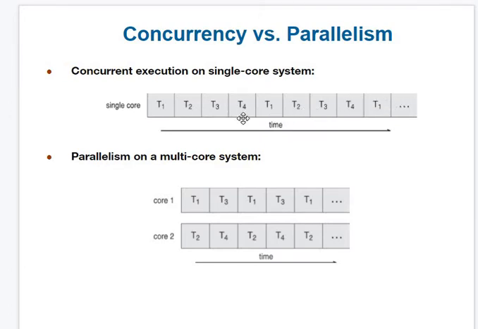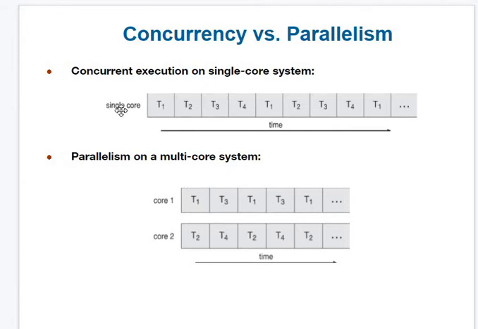That means there is only one channel, one entry door and exit door, and you have to follow that way. If there are multiple cores, we can give tasks 1 and 3 to one core and 2 and 4 to the second core. If we have one more core, we can divide them like 1 2 3, again 1 2 3, or 4 5 6 7 8 9, and give the order like that.